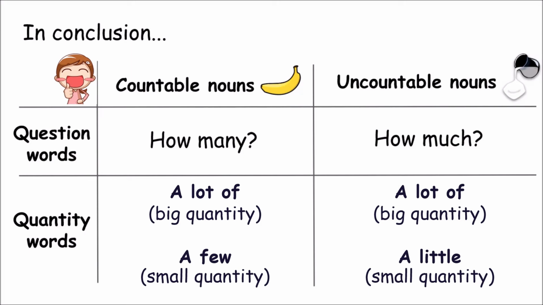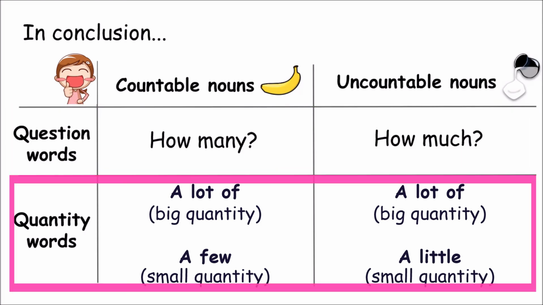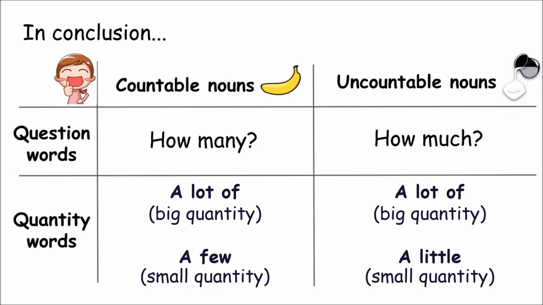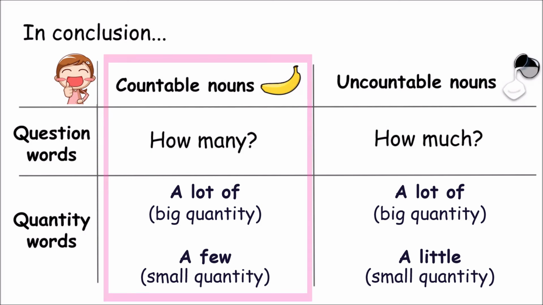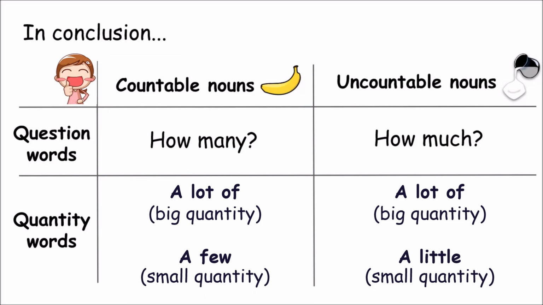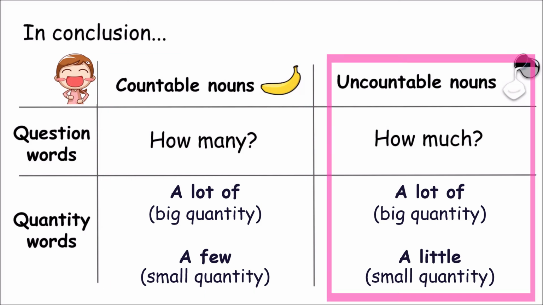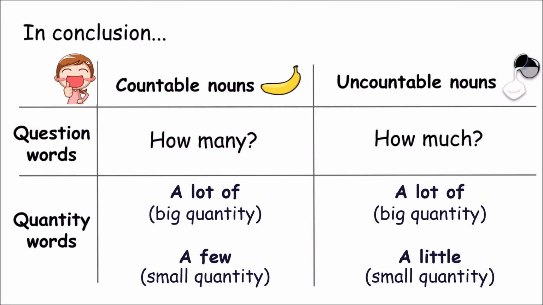Okay, that was fun. So in conclusion, we have question words and quantity words. And we have countable nouns, which are the things you can count, and uncountable nouns, which are things you can't. If we want to ask questions about countable nouns, we use how many.